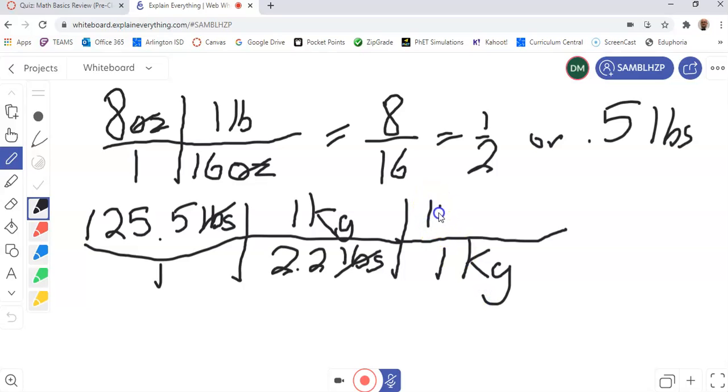And then 1,000 grams on top. Cancel out those kilograms. And now you multiply everything straight across. So we're going to multiply the top and the bottom. Bottom's pretty easy. 2.2 times 1 times 1 is 2.2.